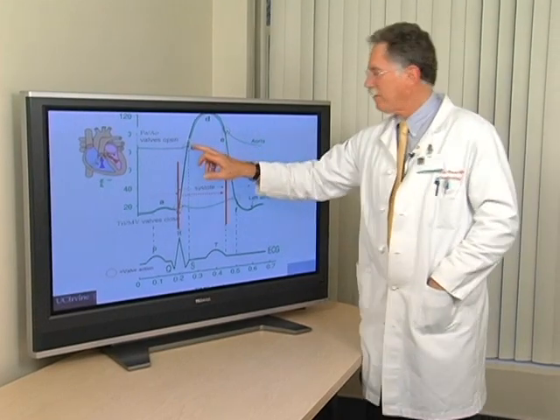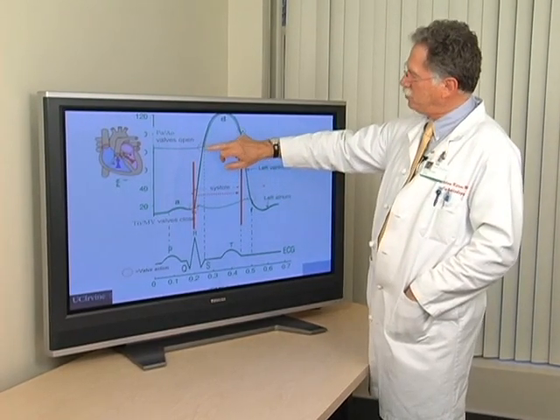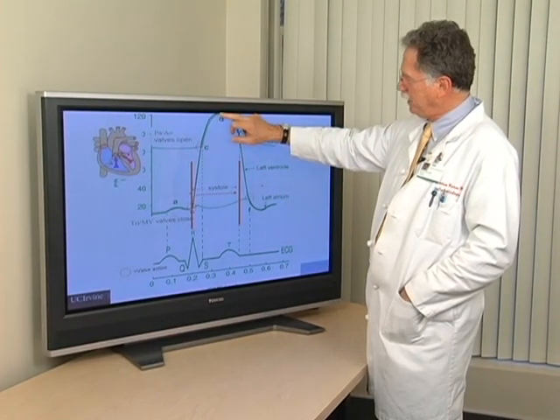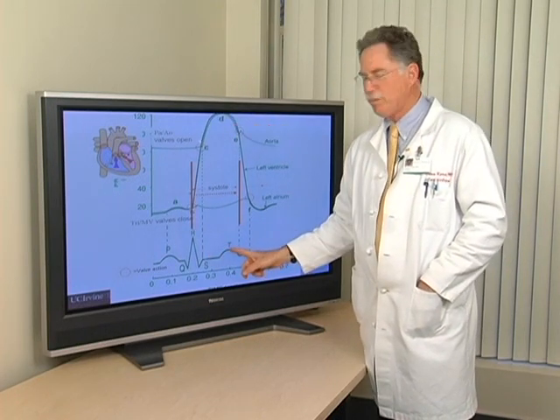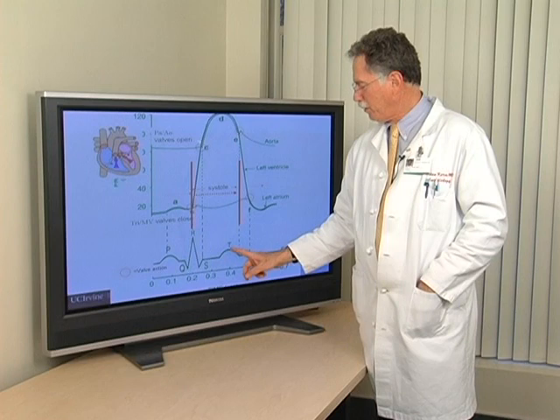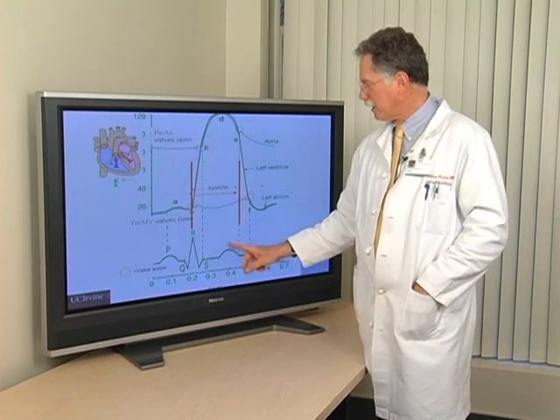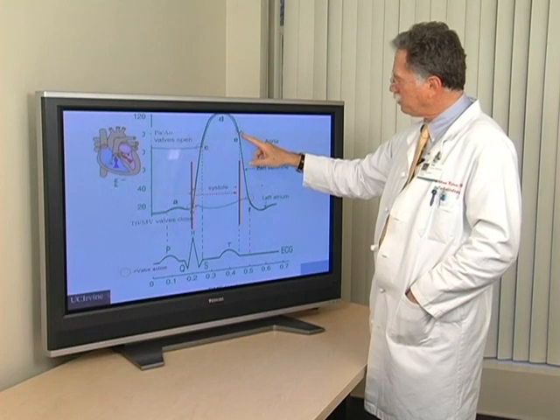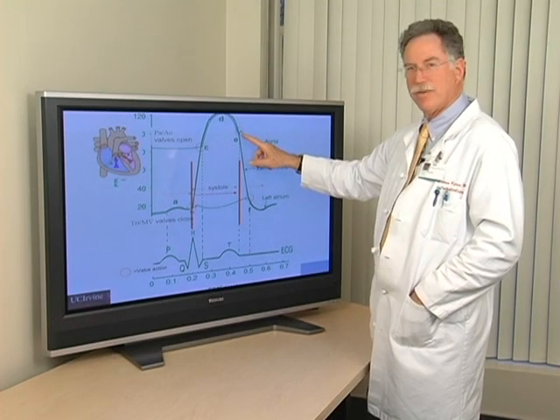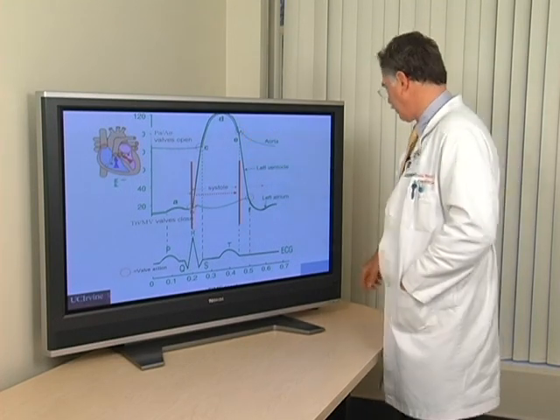The semilunar valve is now open. The ventricle continues to contract and expel the blood until the electrical signal indicates repolarization. When repolarization occurs, ventricular relaxation starts, pressure falls, and when ventricular pressure falls below aortic pressure, the aortic valve closes at that point.